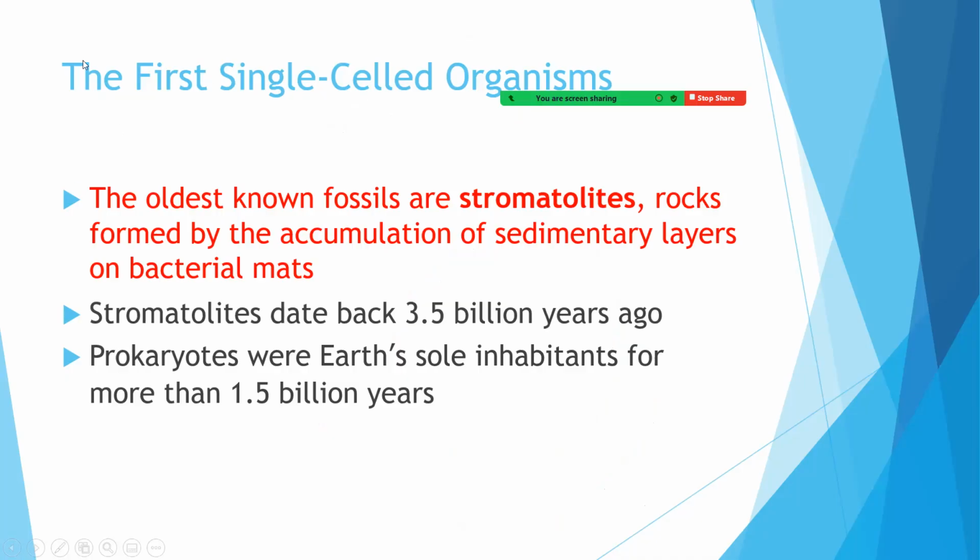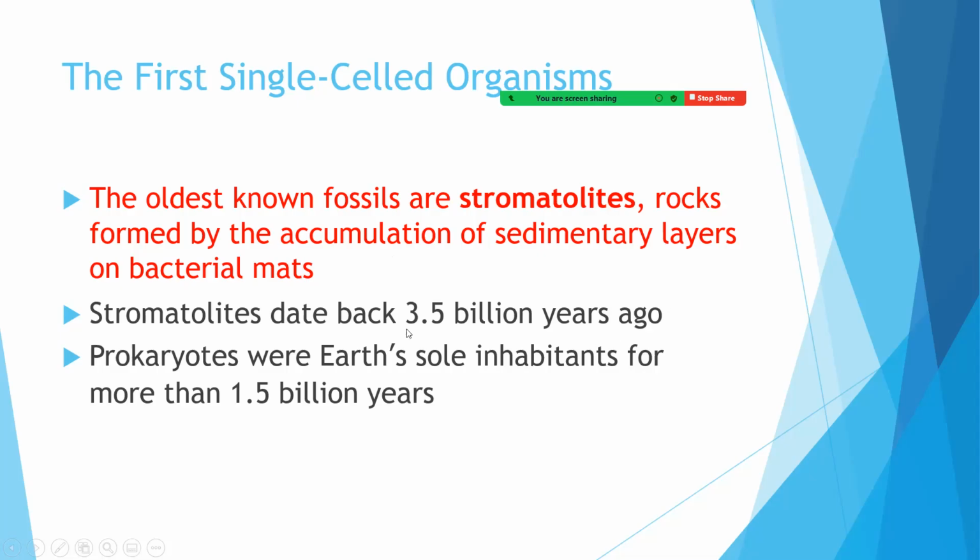So when we start looking at what were the first single-celled organisms, the oldest known fossils that we have found thus far are called stromatolites. These stromatolites are rocks that are formed by accumulation of sedimentary layers that were made up of bacterial mats. So these stromatolites date back to 3.5 billion years ago.